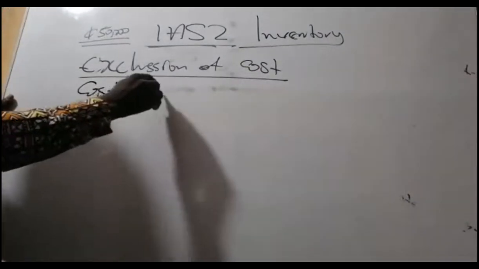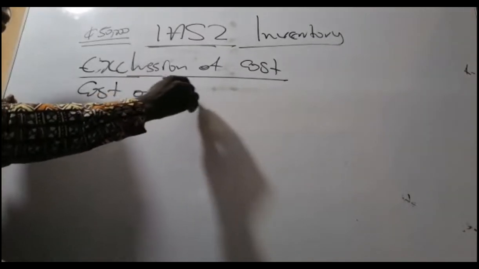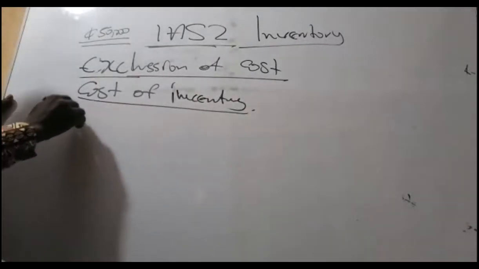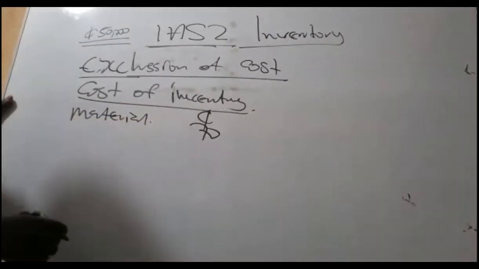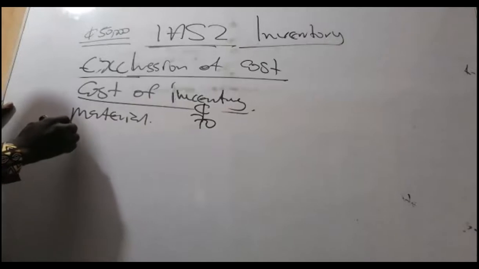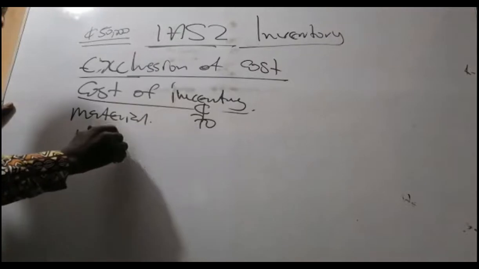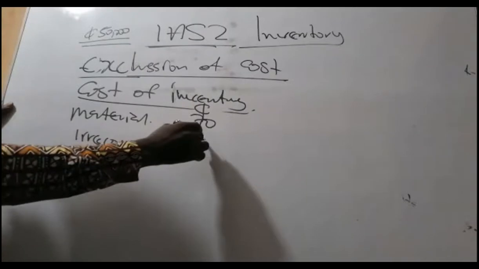The cost of the inventory, or the value of inventory. We start with the material. Material cost was 70 cedis. Then we followed by irrecoverable purchase taxes, which was 6 cedis.